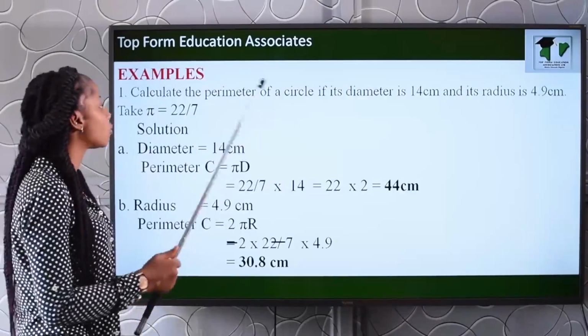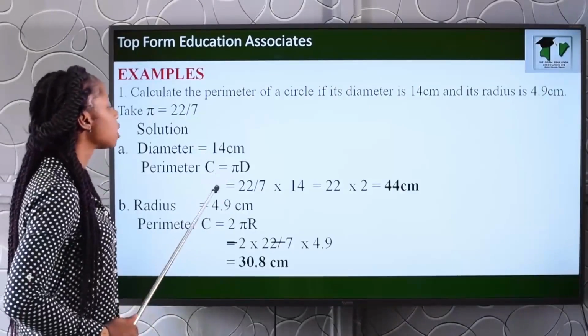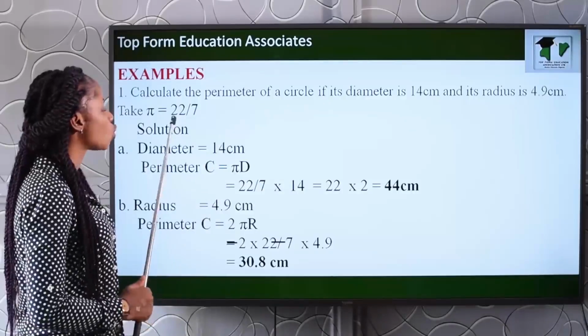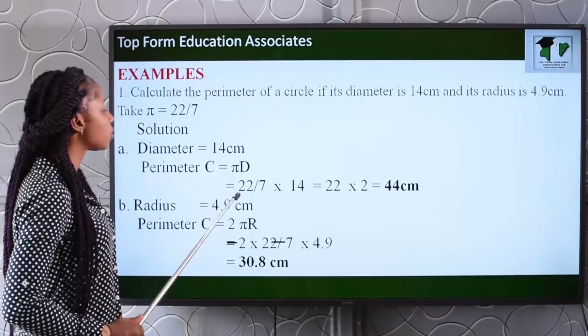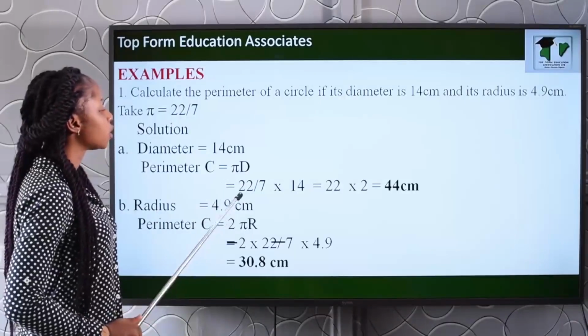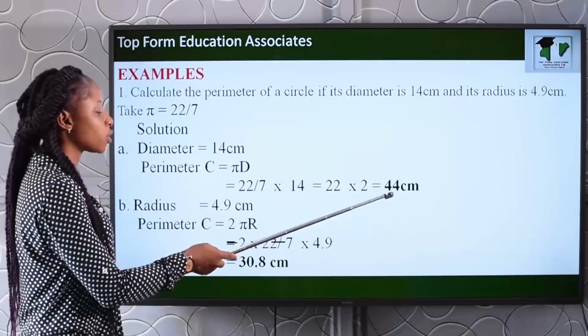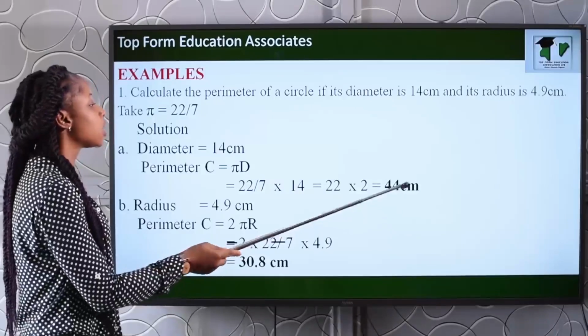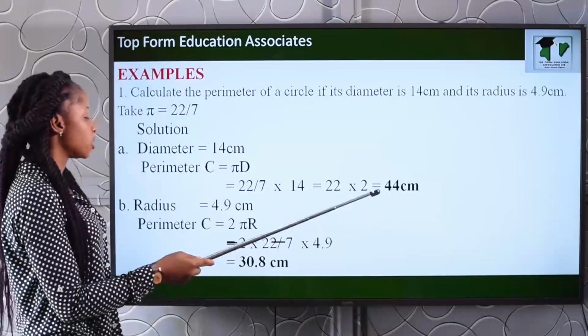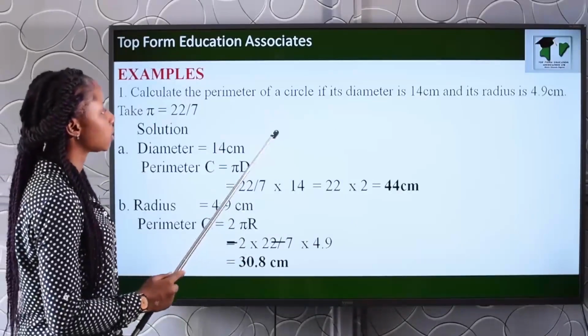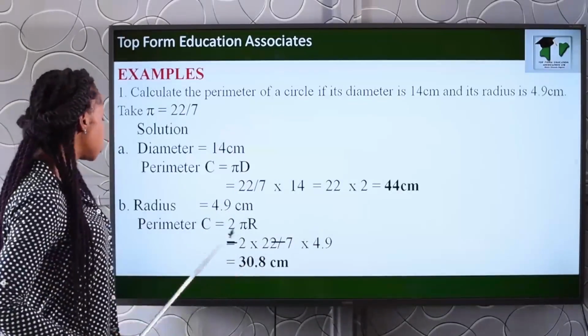Pi is 22 over 7, so we put the values in this formula, 22 over 7 times 14, and the answer we get is 44 centimeters. The circumference of this circle is 44 centimeters.